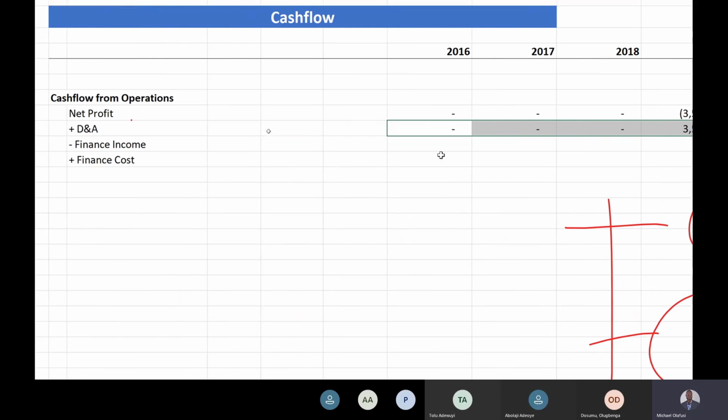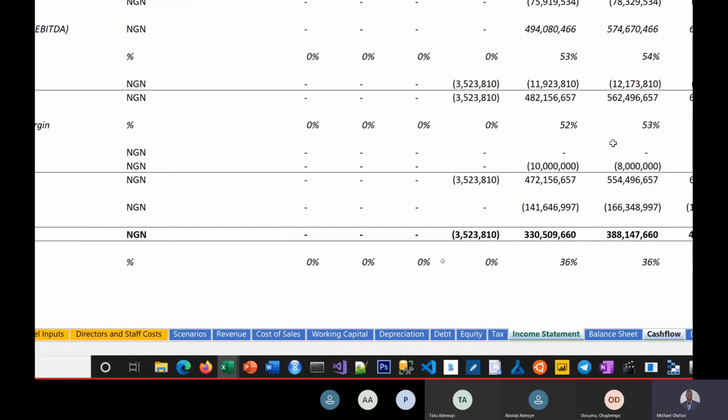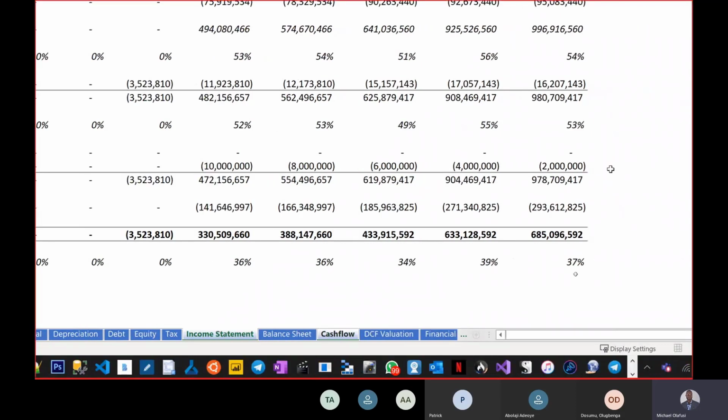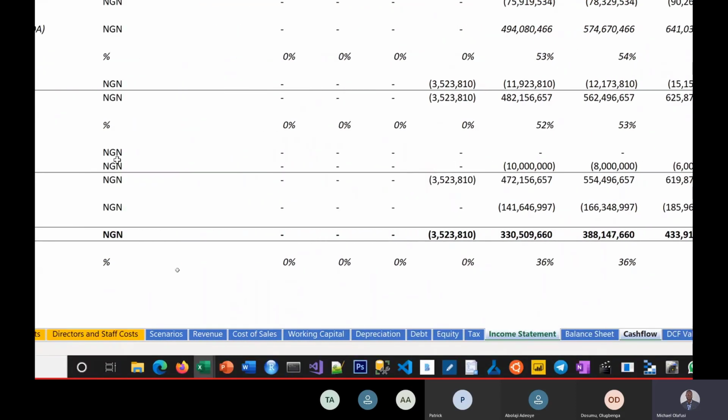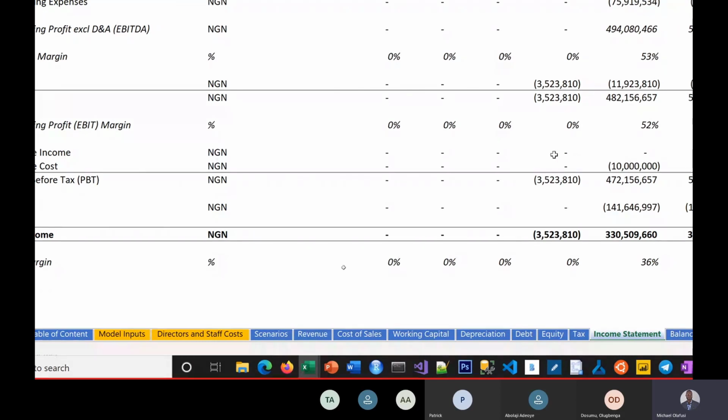Then we go to the finance income. For the finance income, I plan to remove it. So let's go and pick it in our income statement. And finance income, well, because this company does not have finance income, you will not see it, but it's normally positive already.